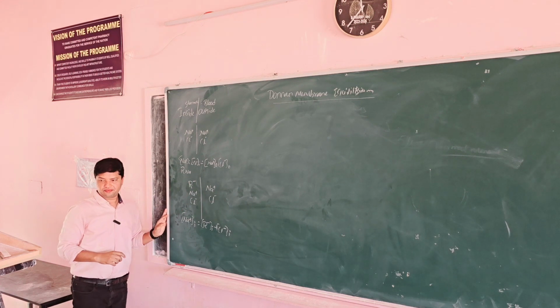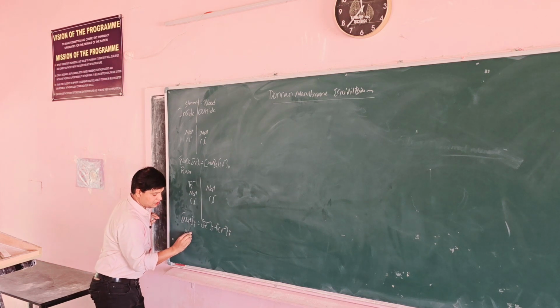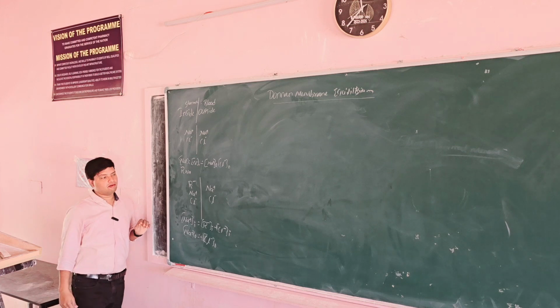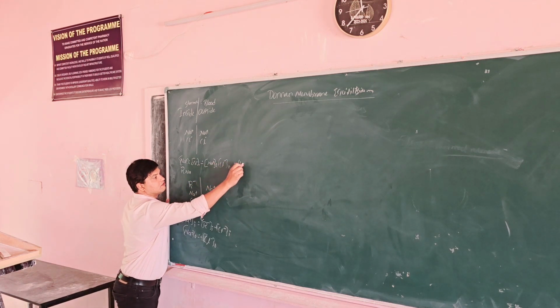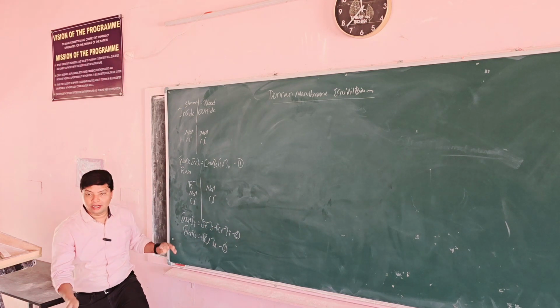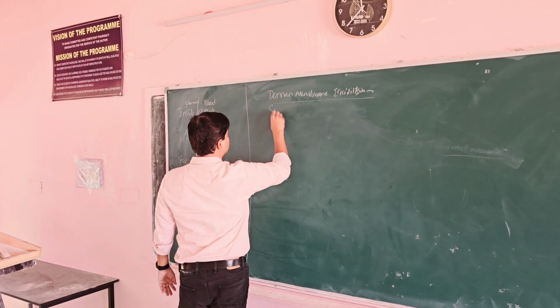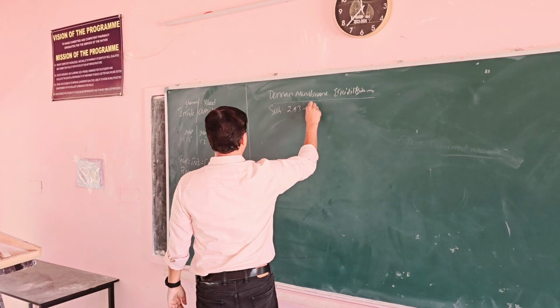Next, positive charge outside is equal to negative charge outside. What is the outside negative charge? Equations 1, 2, 3. Substitute 2 and 3 in 1.